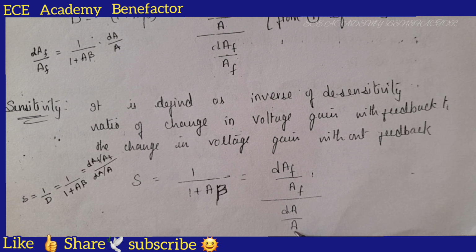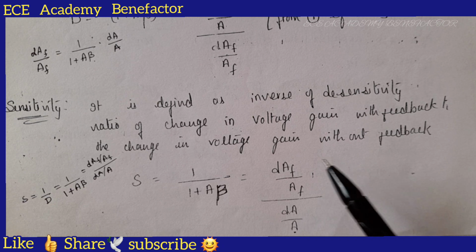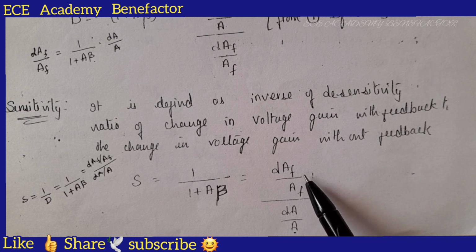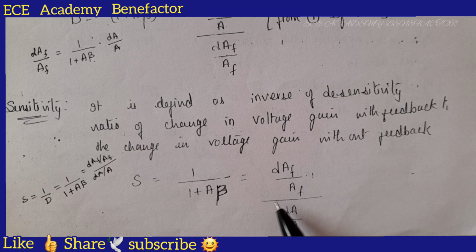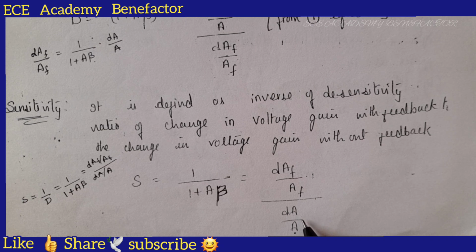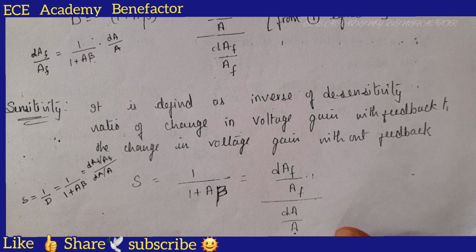So how is sensitivity defined? It is the inverse of desensitivity, or it can also be defined as the fractional change in gain with feedback to the fractional change in gain without feedback, which is known as sensitivity.